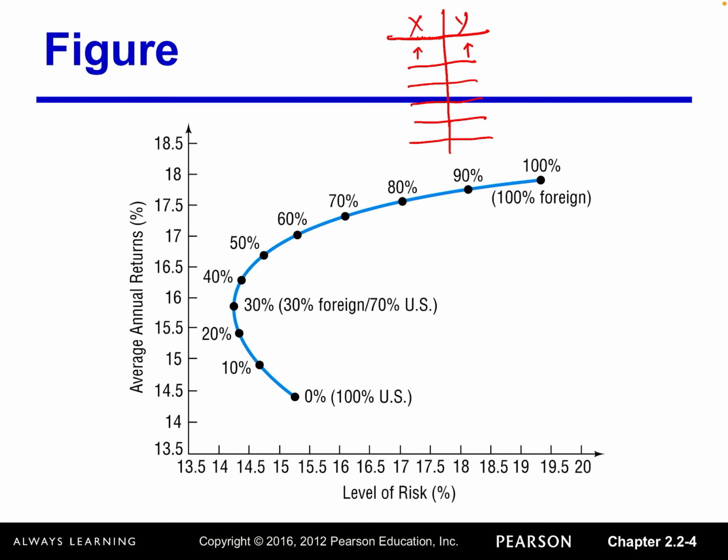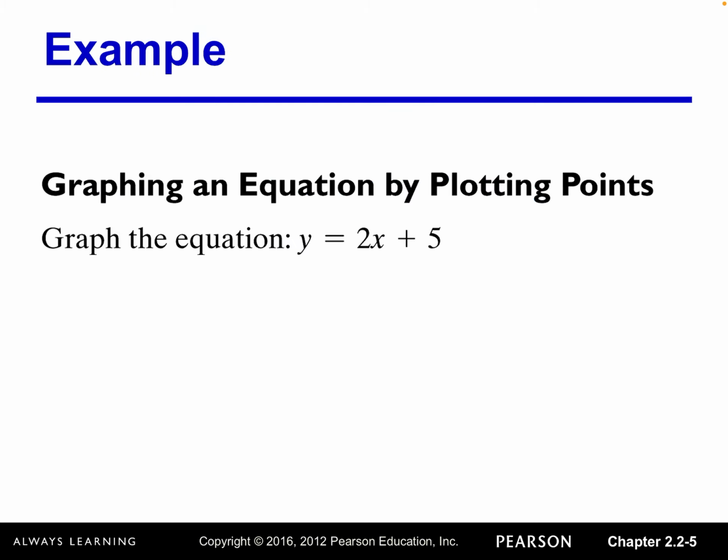Okay, let's look at a concrete example. For example, graphing the equation y equals 2x plus 5. In order to graph this linear equation, we need a few points. If you know the graph of a linear equation is a straight line, actually you just need 3 points. 2 points to connect the line and 1 point for verification purposes.